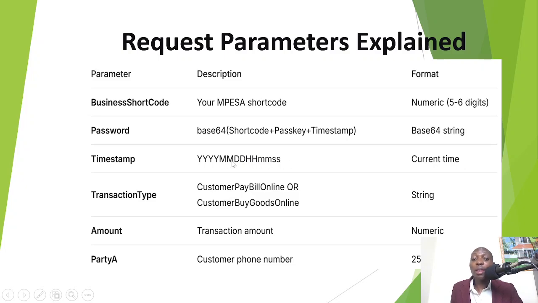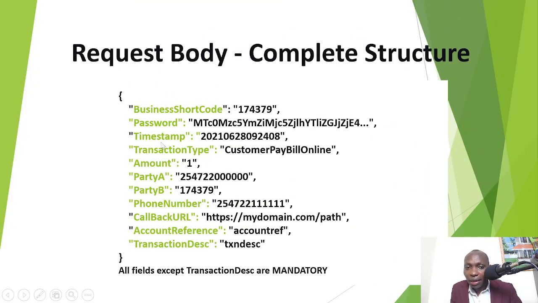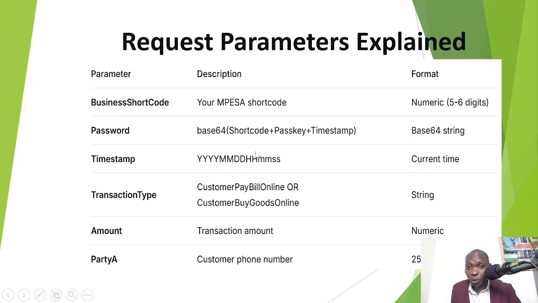This is the format, the current time. Ensure that the shortcode you are passing here is the same as what you are passing as the business shortcode. The timestamp you are passing here is the same as whatever you are using to generate this password.